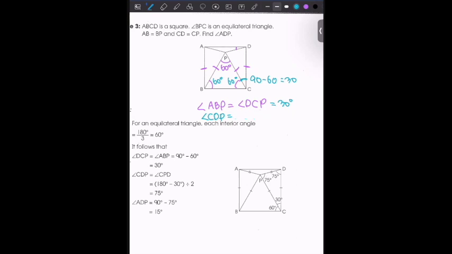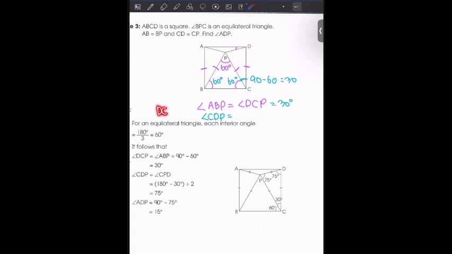But also another thing that it's going to be equal to is, since we have two identical sides for AB and BP, this triangle has two identical sides. And DC is equal to PC.